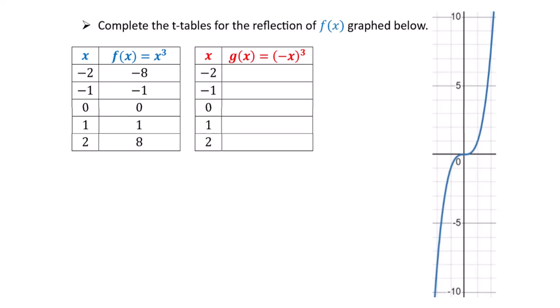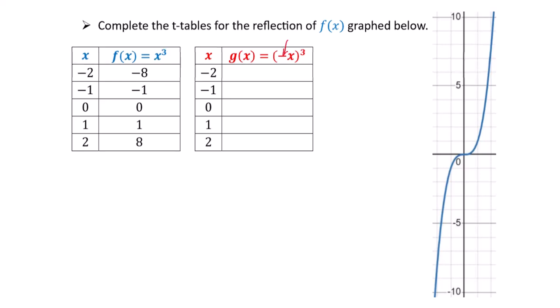So what happens when I put the same values of x into the function, if there's a negative grouped with the x inside the parentheses in my transformation function? Well, if I put a -2 in for the x, I get a +2 after, or take the opposite of it.